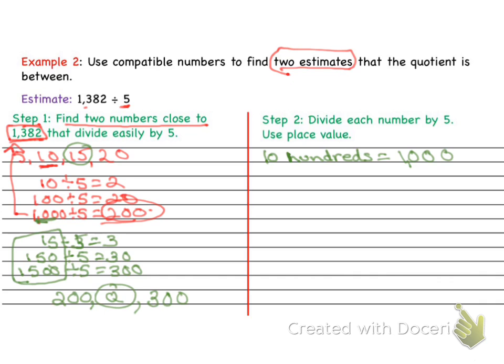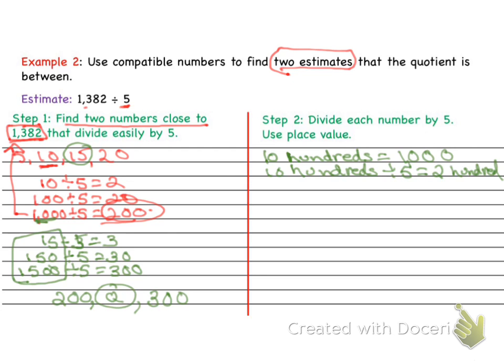And when I do 10 hundreds divided by 5, I get 2 hundreds. Now the next one we used was the number 15.